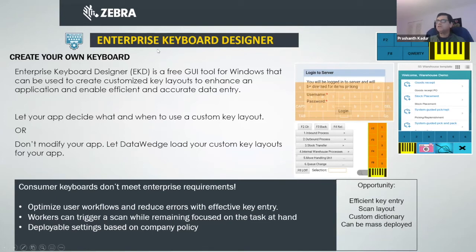So that's the Enterprise Keyboard. It is a tool on the PC. Like I said, it's drag and drop. You can say, I only want numeric. I'm going to create a numeric for 1 through 9. That's all they're going to see, right?